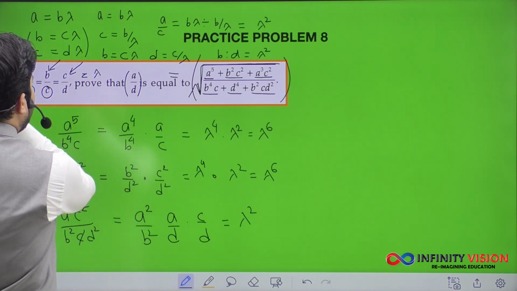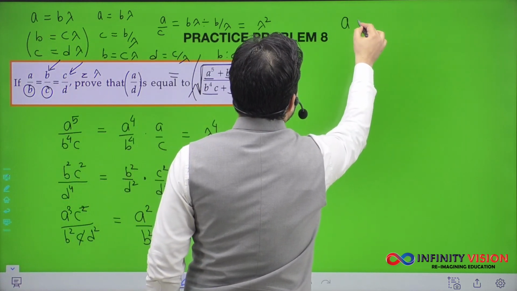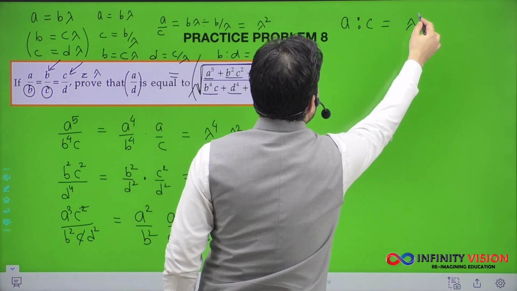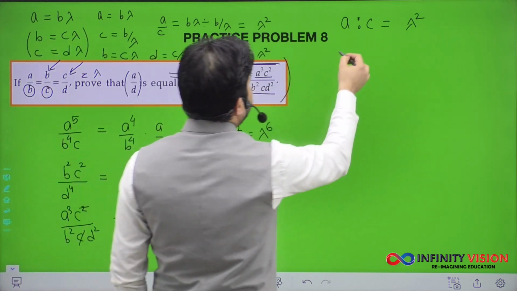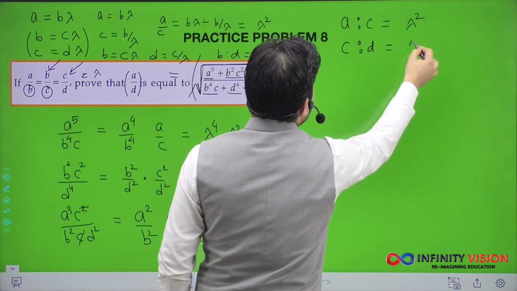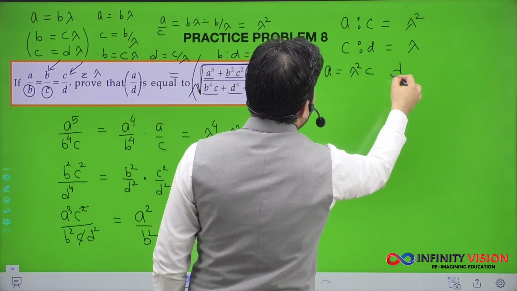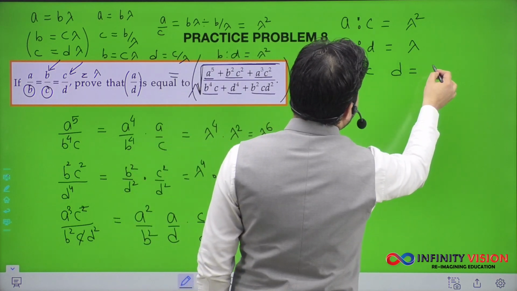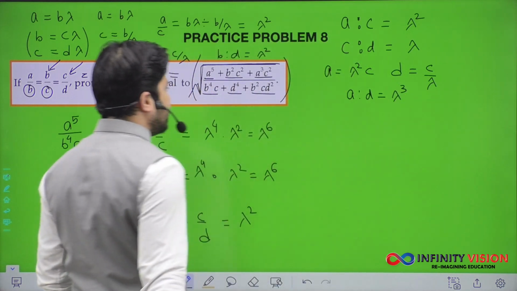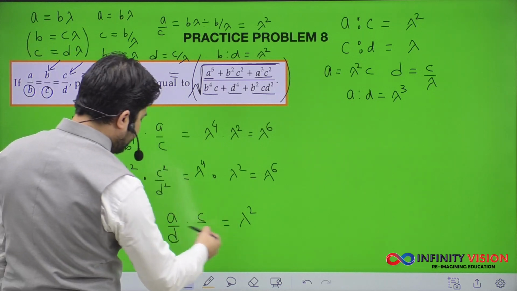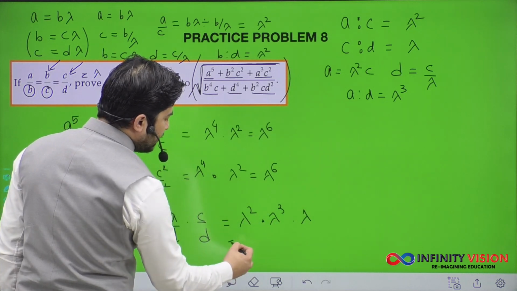You know that a is to c is lambda square, we have already found that. And you also know that c is to d is lambda, which means I can say a is lambda square into c and d is equivalent to c upon lambda. So a is to d would be nothing but lambda cube. So this will become lambda square into lambda cube, and c by d is nothing but lambda. So you'll get lambda to the power 6.